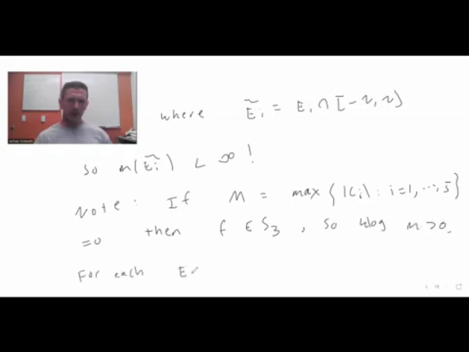Okay, so for each E_i tilde, pick theta_i. I'll write it like this. This is the disjoint union.